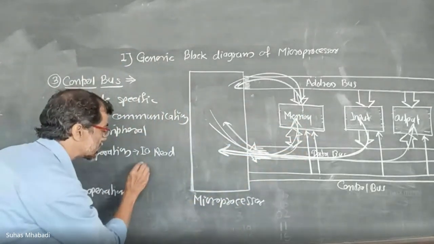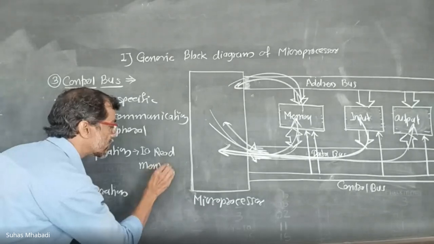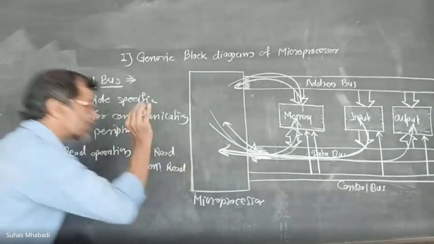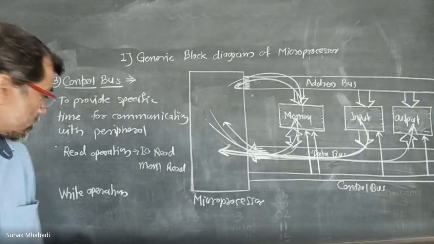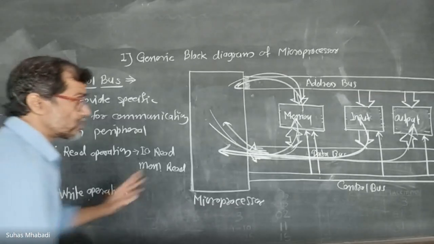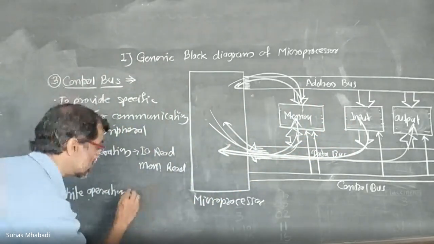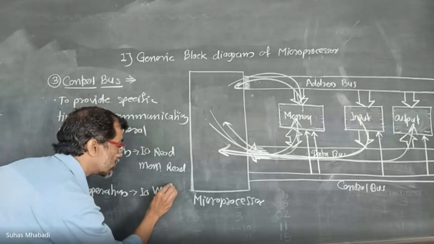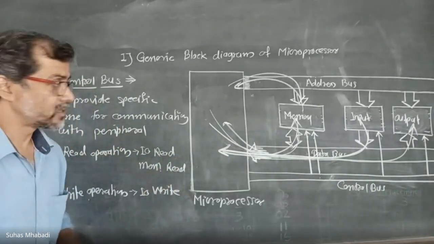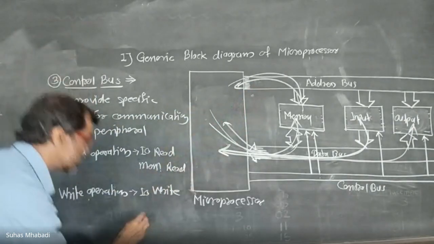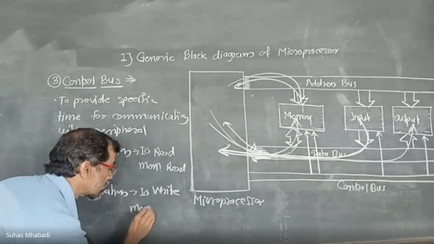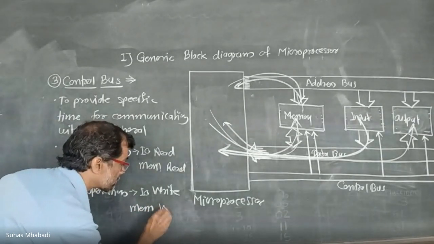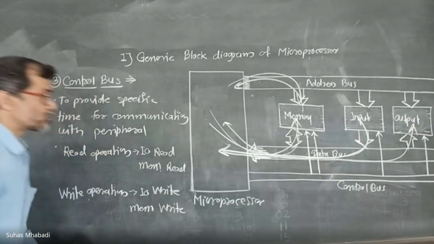This is called the memory read process. Write process. With respect to output, this is known as the IO write process. With respect to memory, it is called the memory write process.